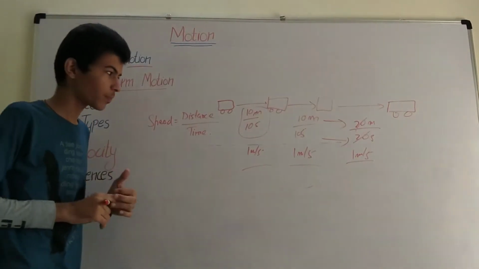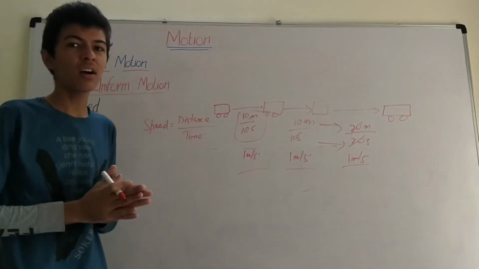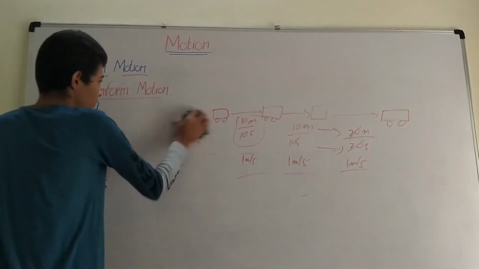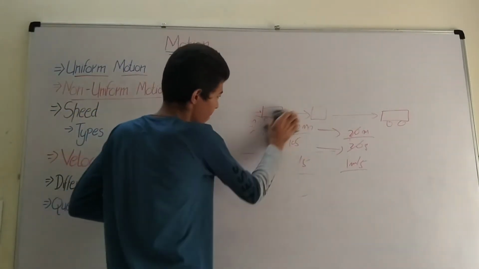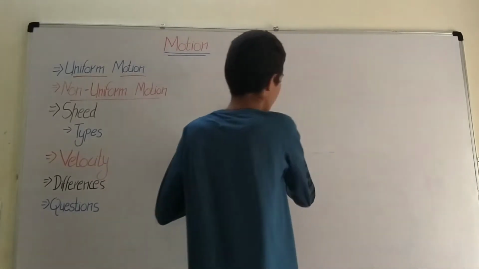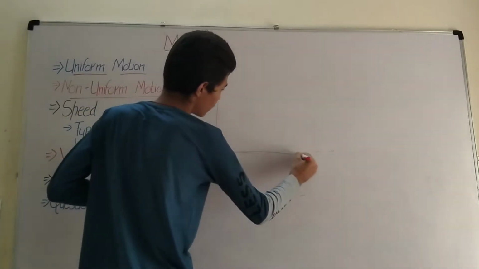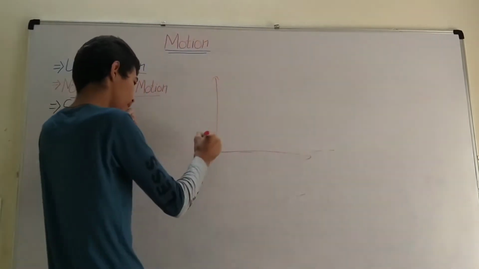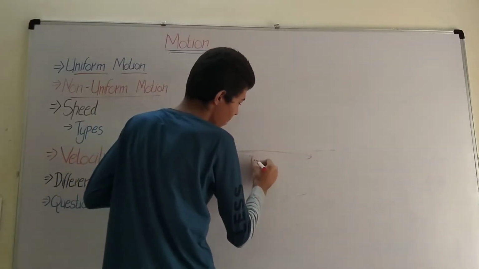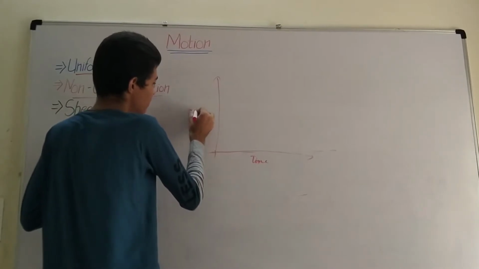So it is moving in uniform motion. If you view it in a graph, what will it look like? Let's take time on the x-axis and distance on the y-axis.